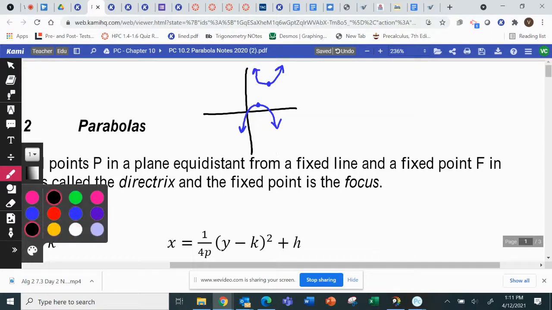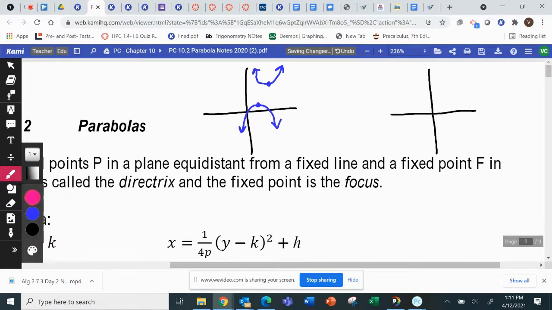And in chapter 1, when we talked about inverses, we had parabolas that open right, and we had parabolas that open left. So we really have not done many of the right and left opening kind. We're going to do a little bit more of those today.